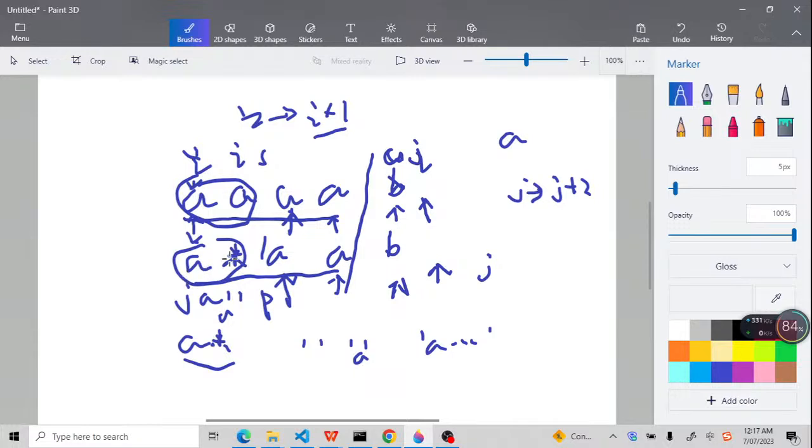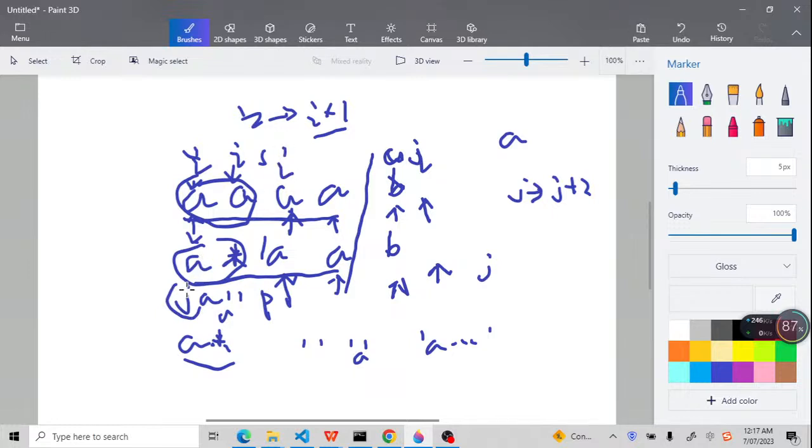But J stays at the same place. Why? Because this A star character can represent as many A's as possible. So I has already pointed to this A, and J is still here. So for the next check, next DFS, we can still check what happens if this is A and here is J. J will still keep this position, and I moves to the next.